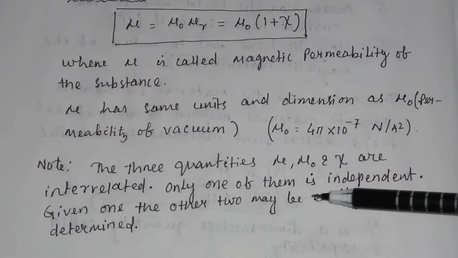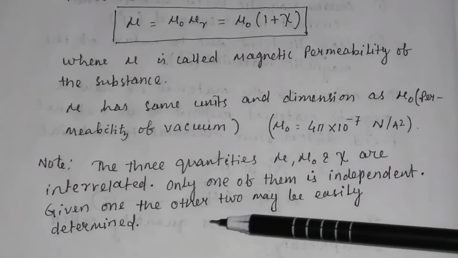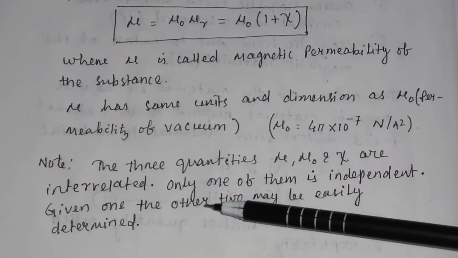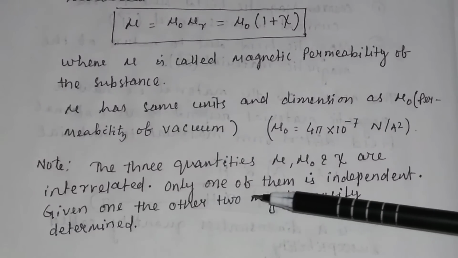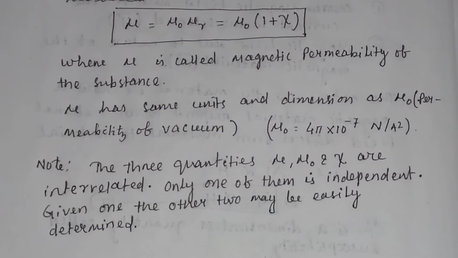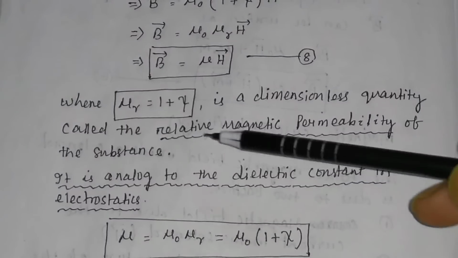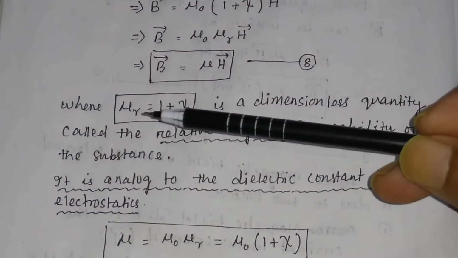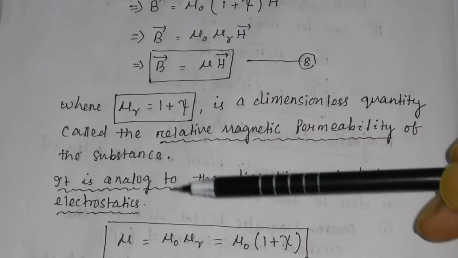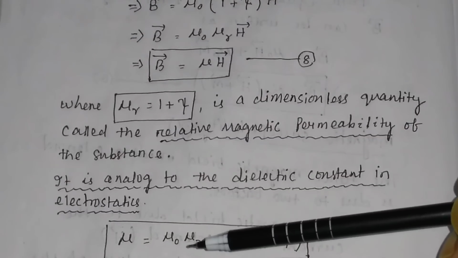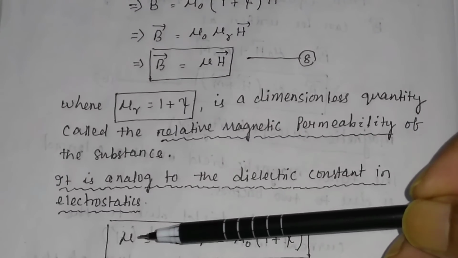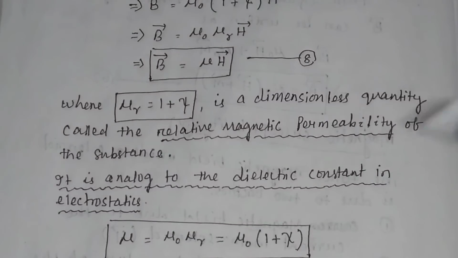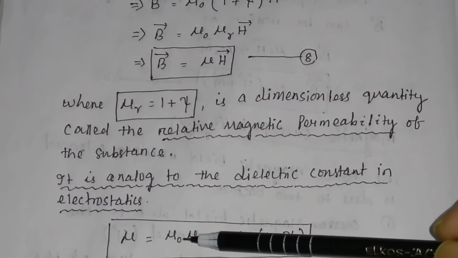Only one of them is independent. Given one, the other two may be easily determined. That is, if Chi value is given, then you can calculate mu r. And if you find out mu r, then you can also find out mu by multiplying it with mu 0.